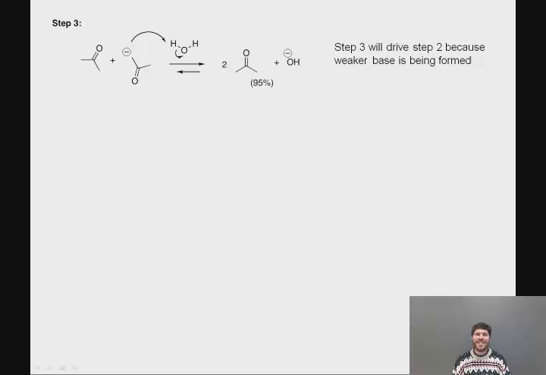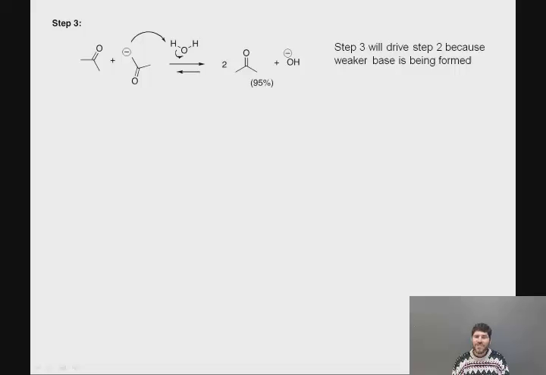And then finally, in step 3, the enolate gets protonated with water. Okay, we made a molecule of water earlier as we were using OH minus as a base. So now we use that water to protonate the enolate to give back the ketone product. This will be a favorable step with respect to pKa's. We're taking something with a pKa of 19 and forming something with a conjugate acid pKa of 15.7.